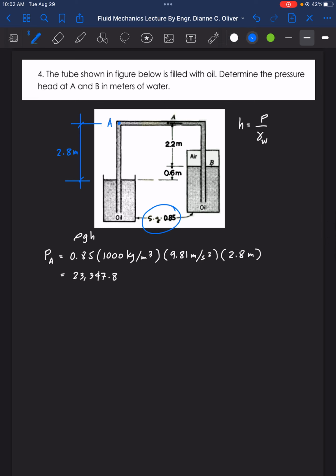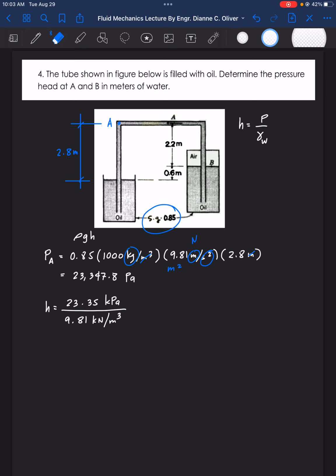Kilogram meter per second squared, that is Newton. Cancel here meter squared, so we have the unit Pascal. So H now is equal to the pressure, 23.35 kilopascal, divided by the unit weight of water, which is 9.81 kilonewton per cubic meter.